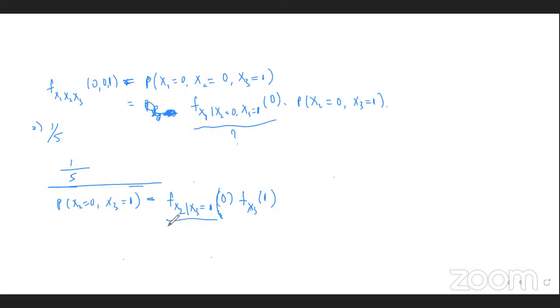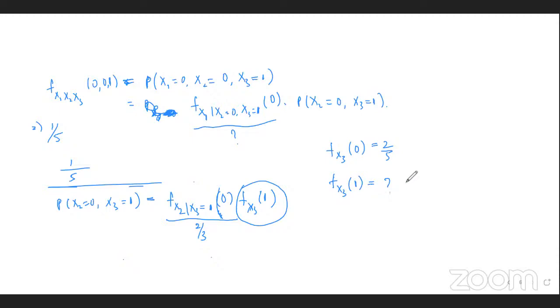The conditional value is given to be 2 by 3. And what is fX3 of 1? That is not given to us. What is given to us is fX3 of 0 is 2 by 5. So can you tell me what is fX3 of 1? That should be 1 minus fX3 of 0, that is 3 by 5.